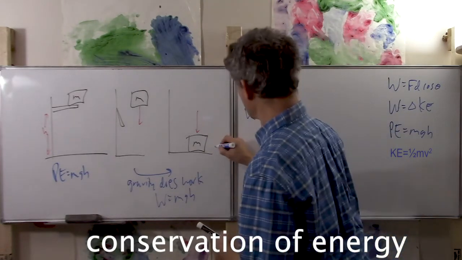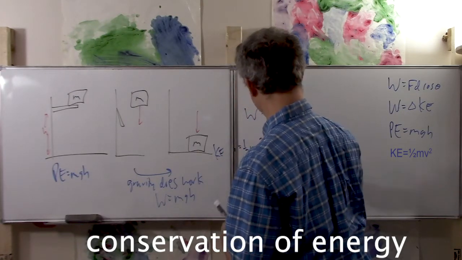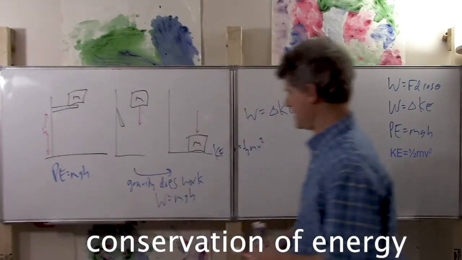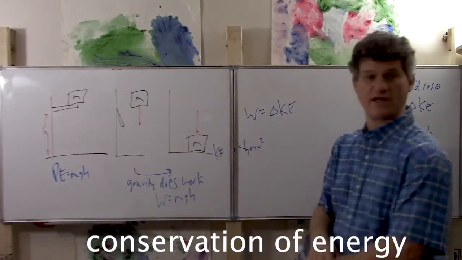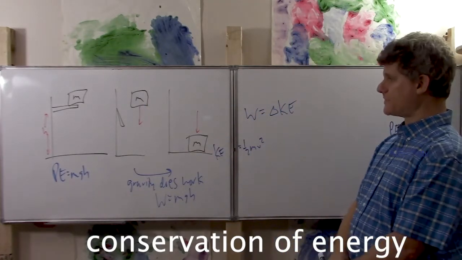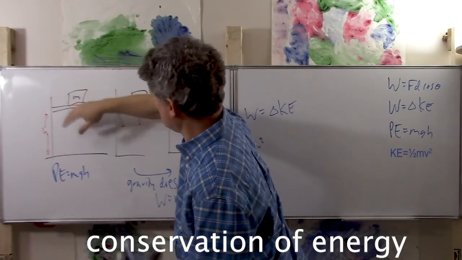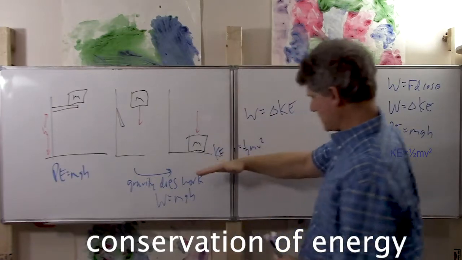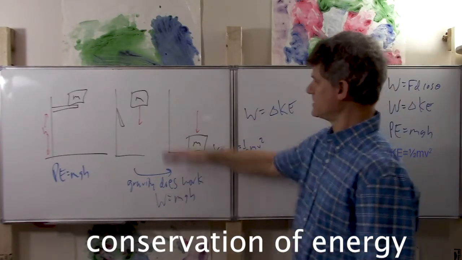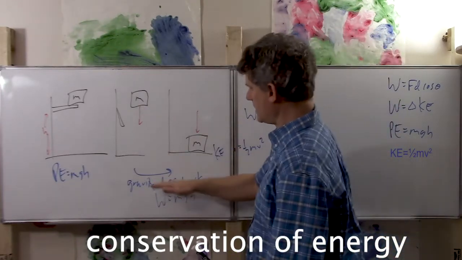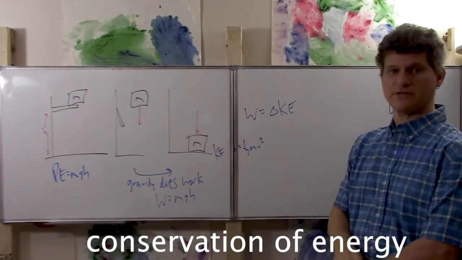So it has kinetic energy at the bottom equal to 1/2 mv squared, and that is equal to the potential energy it had at the top. So when something falls, the energy changes from potential, energy that could be used for something, to kinetic, which is energy of motion. That's carried out by the work that gravity does. So gravity does work on the object, and potential energy gets transferred into kinetic energy.